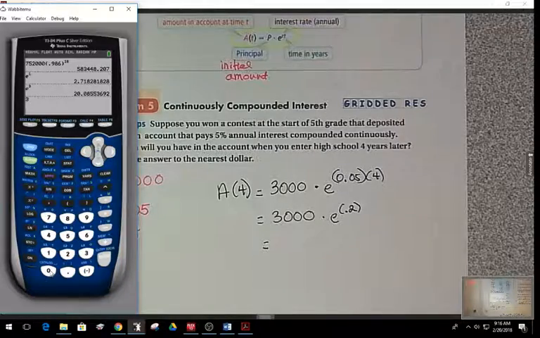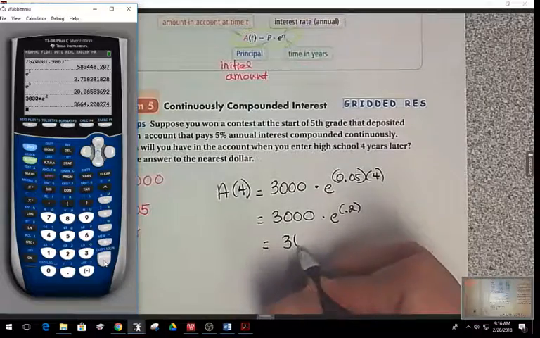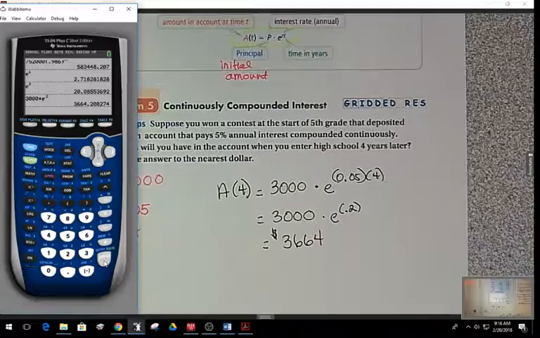So 3,000 times e to the 0.2 power, hit enter, and I will have, rounded to the nearest dollar amount, $3,664 at the end of 4 years.